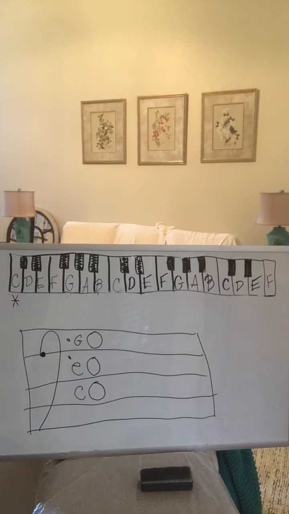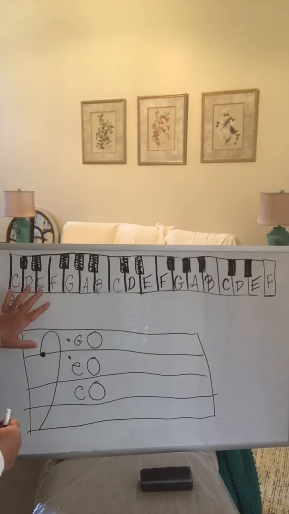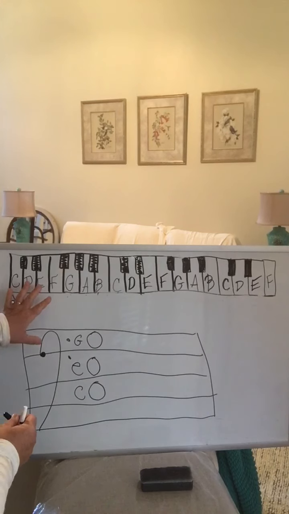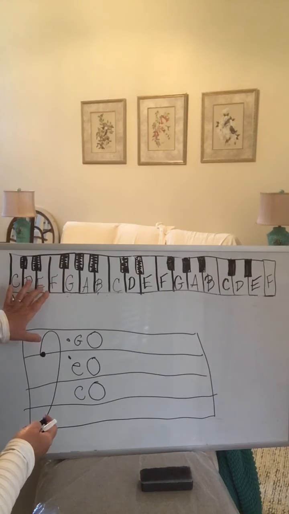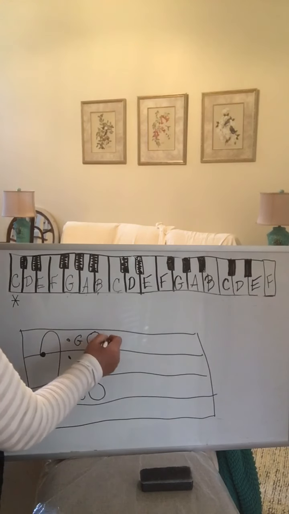Okay? When you have a chord, more than one note at a time, and the notes are stacked up like that, you're going to play your bottom note with your fifth finger, your E with your third finger, and your G with your thumb.